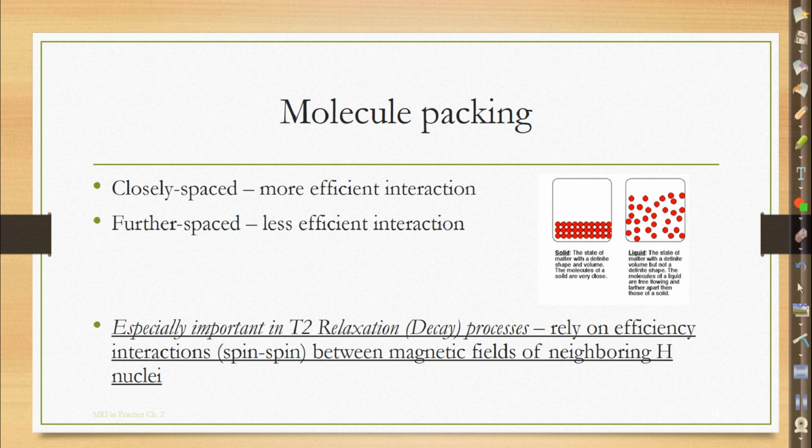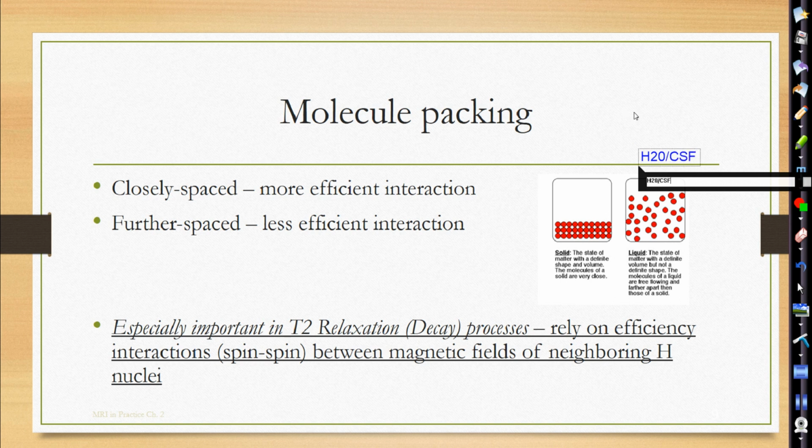All right, the next concept when we're talking about T1 and T2 relaxation is molecular packing. I think this one's kind of easy to understand. With closely spaced molecules, there's going to be a more efficient interaction between all those molecules. Think of two beakers. Here we have water, or like CSF, where those molecules are free-flowing.